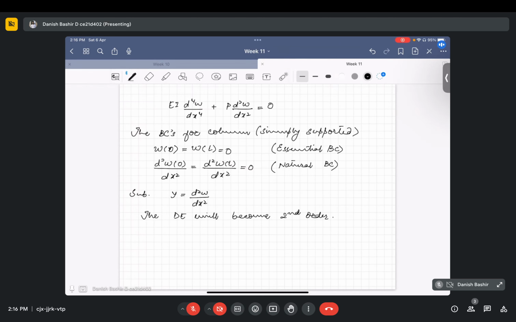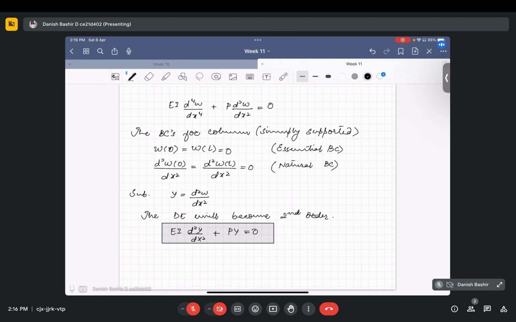So our differential equation will become EI times d2y by dx square plus Py is equal to 0. So we got a differential equation which is of second order.